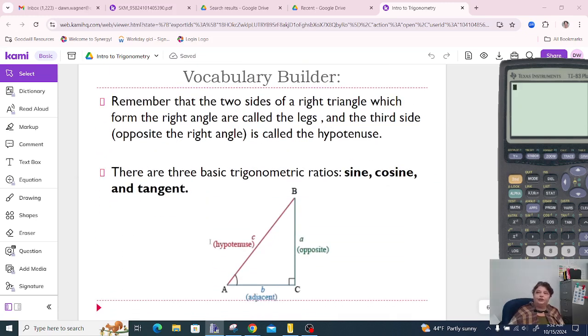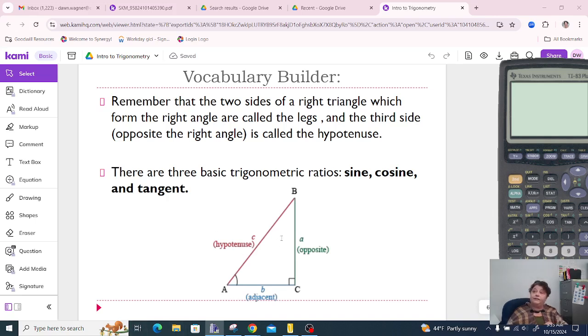Now, to do these correctly, remember when I had you label for Pythagorean theorem and you labeled A, B, and C? You are going to be labeling again, but it's in reference to a certain degree. You'll be putting your finger on a degree and then labeling a triangle based on that.